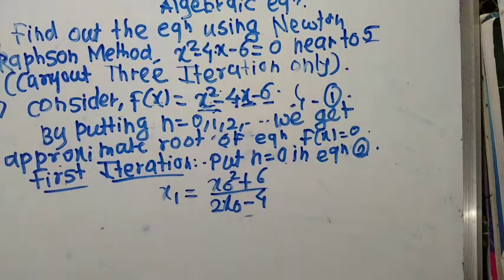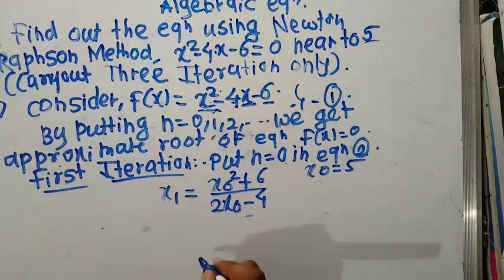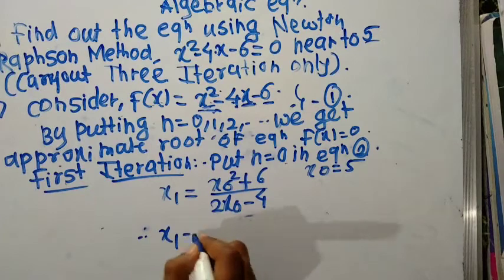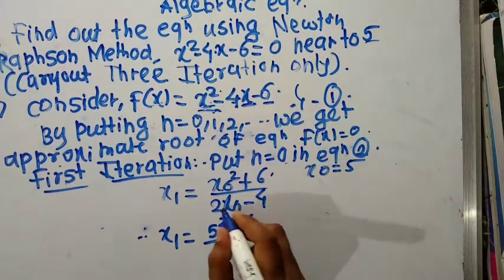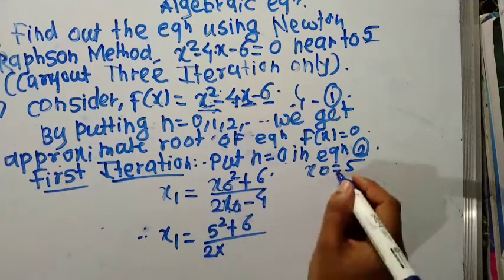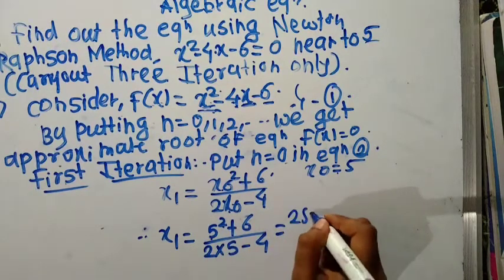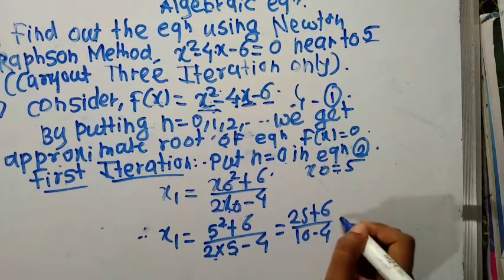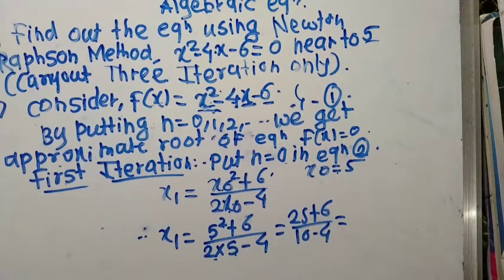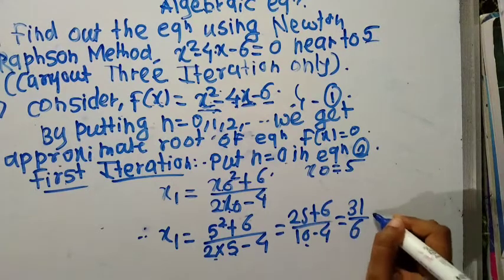But we take the initial value x0 is equal to 5. So x1 is equal to 5 square plus 6 divided by 2 into 5 minus 4. So 5 square is 25 plus 6, divided by 2 into 5, 10 minus 4. So 25 plus 6 is 31, divided by 10 minus 4 is 6.